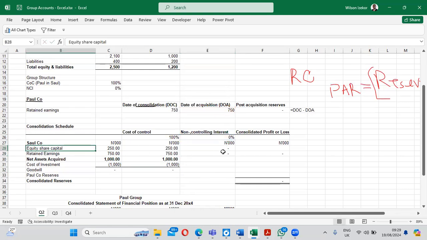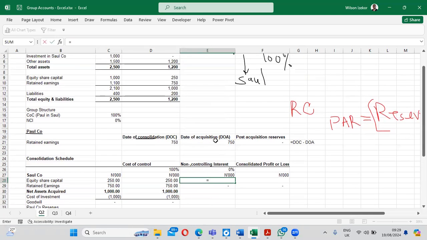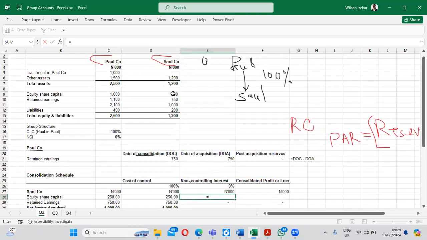So the equity share capital for the non-controlling interest is going to be the equity share capital at the date of consolidation. So I'm going to pick this 250, and then I'll multiply it by the NCI percentage, which is just 0%. Once you multiply that, you have this to be 0.